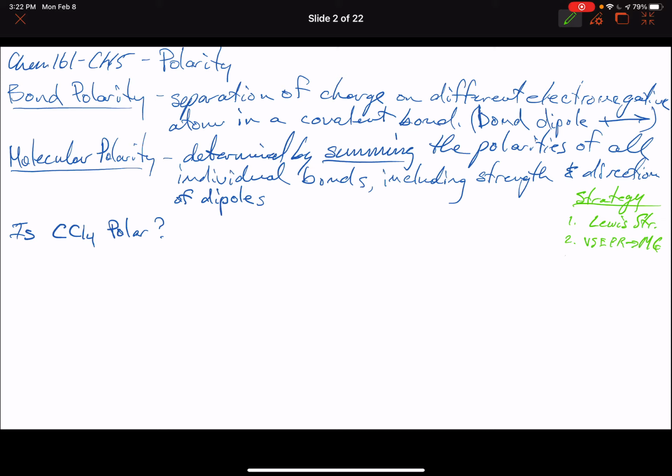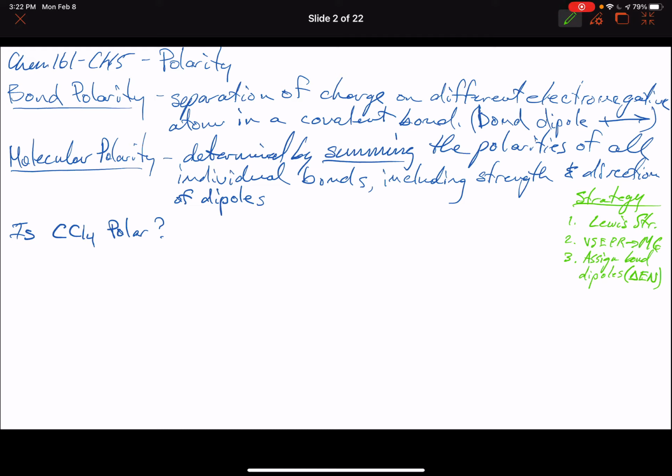Okay. Thereafter, we would assign bond dipoles. And recall, we base this decision, if there are bond dipoles, based on the delta, the change in electronegativity between the two elements featured in a bond.